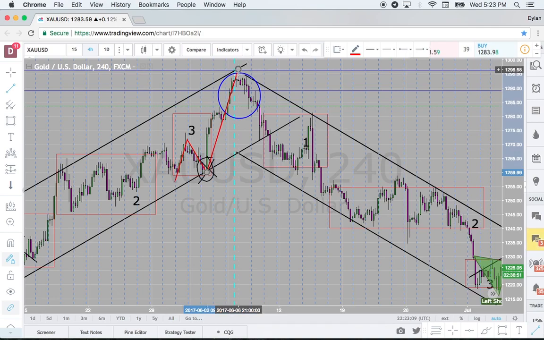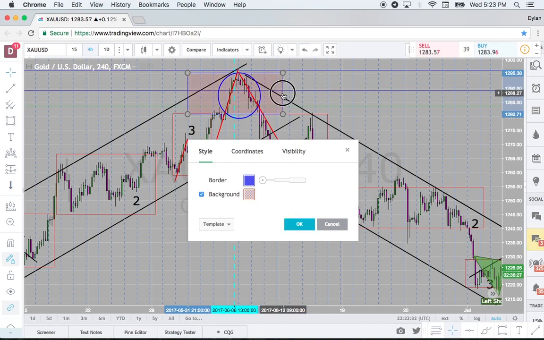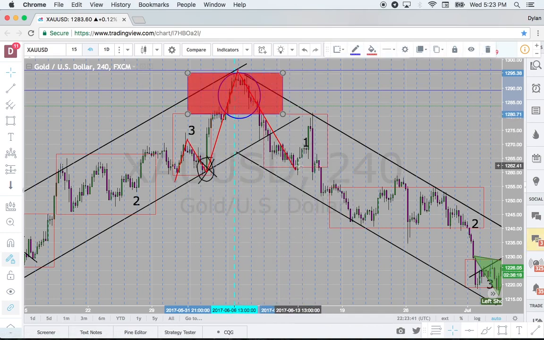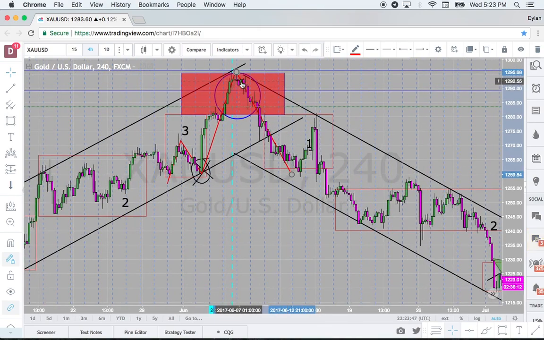So the continuation of that trend creates the head of the Head and Shoulders, the peak formation right here, this trap. This trap is what will trap retail traders long in the wrong direction, and then reverse and start the new trend.